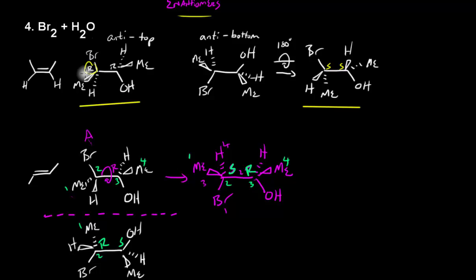We have an RR-SS enantiomer set being made for the first molecule, okay, and for the second molecule we have an RS-SR molecule set being made for the second molecule. So we're getting two different diastereomers that are being formed. Okay, so these two right here, these are enantiomers, and so are these. These are enantiomers as well.